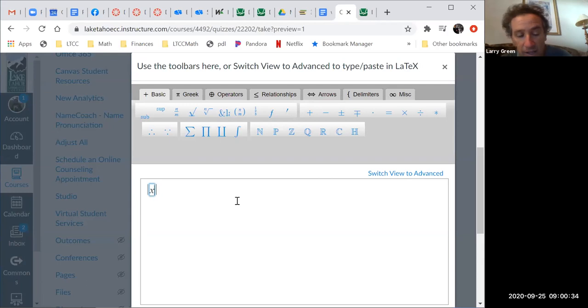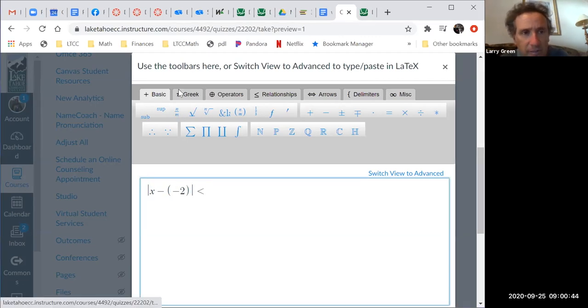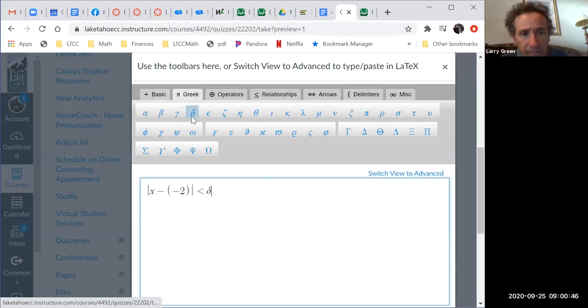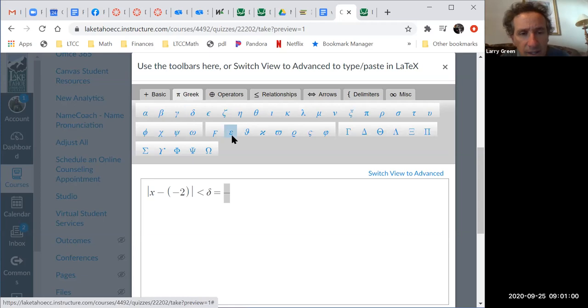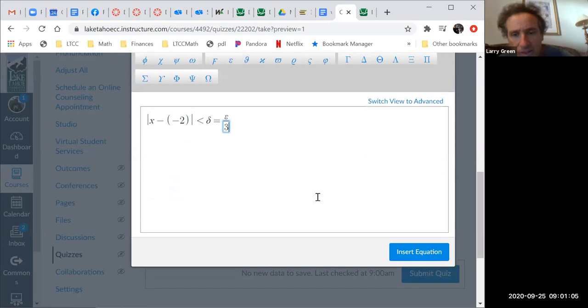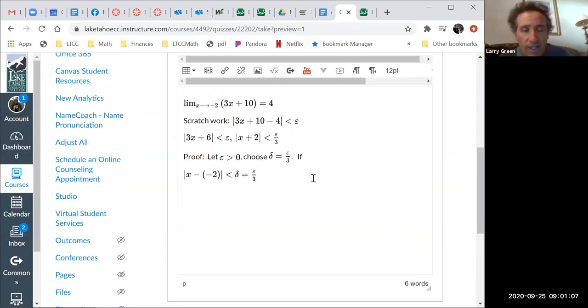So the absolute value of x minus -2 is less than delta. But delta, we chose to be epsilon over 3. Any questions so far?